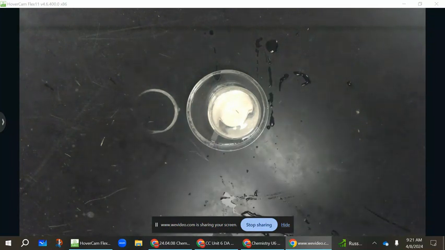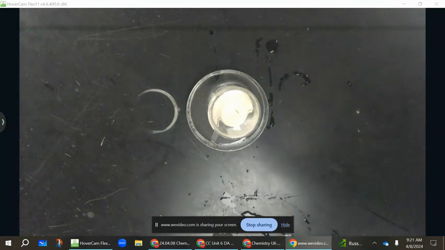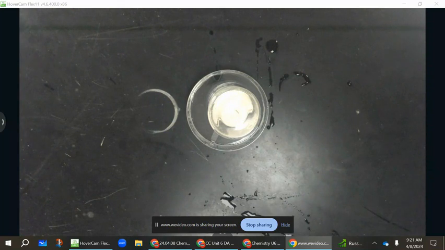And I want you to think in terms of gas laws. You are changing a variable in this demonstration. The variables are pressure, volume, amount of gas, and temperature. And you are changing one of those variables, which causes another one to also change.